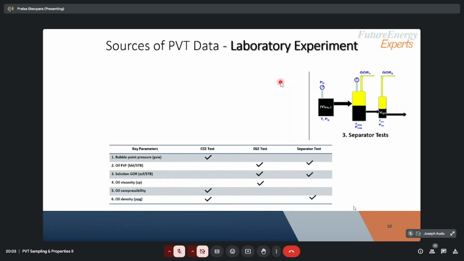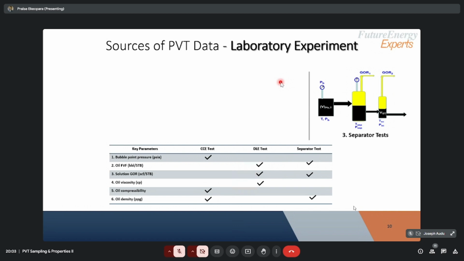So we need to find that separator condition that will reduce this ratio of what we have in the reservoir to what we have at the surface. So that's why we need that separator condition optimum for minimum RS and BO.